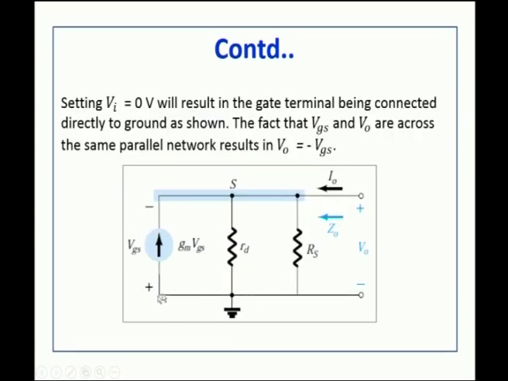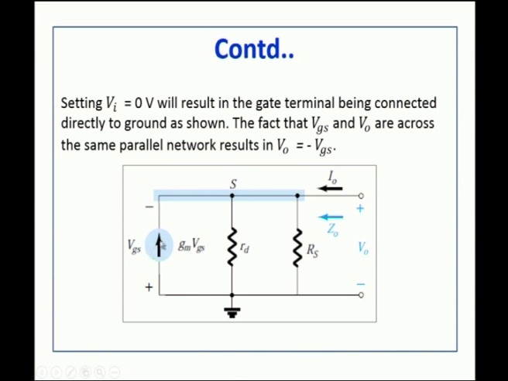The gate is now grounded. If you see the output voltage and the input voltage, that is VGS, the output voltage is just the reverse of VGS: VO is equal to minus VGS. See the polarity: it is plus here and minus here, and when you look at this VGS, it is minus here and plus there, away from the positive polarity and towards the negative polarity.